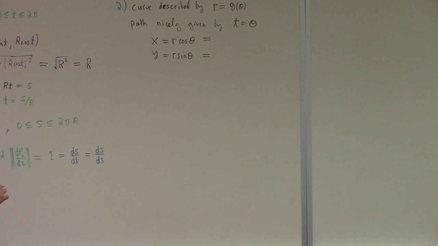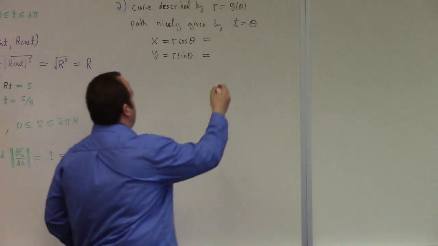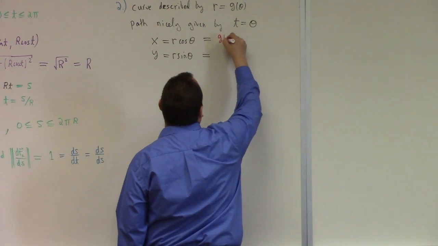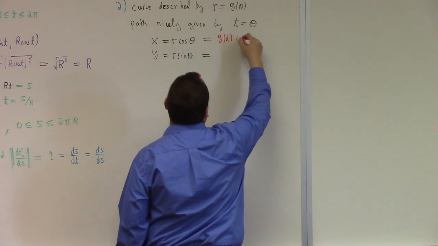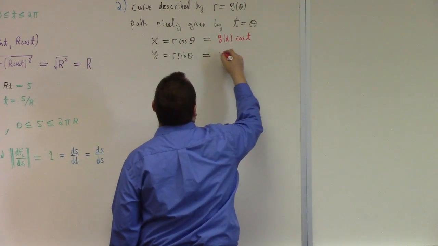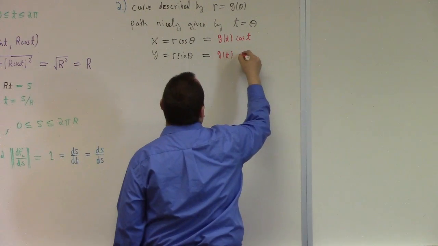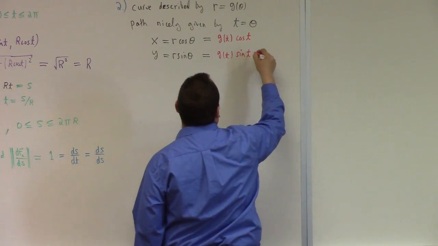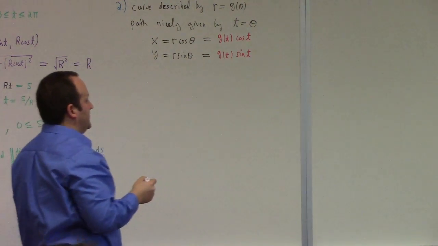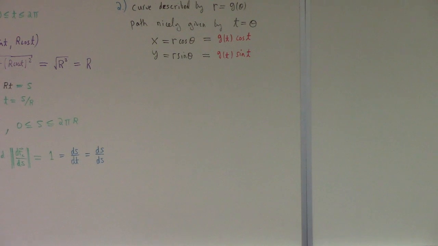That's g of t cosine t, and this is g of t sine t. Again, t is equal to theta, but I'm just trying to use t across all my examples so that you understand the role of the parameter.